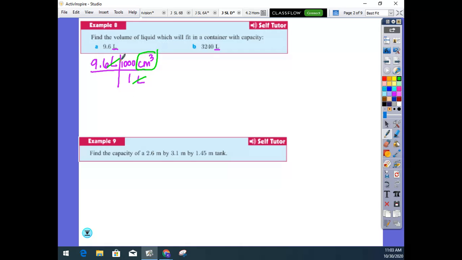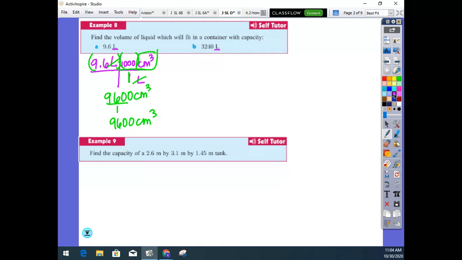You're always just going to multiply the top. 9.6 times 1,000 is 9,600 cubic centimeters, technically divided by 1, so it's just 9,600 cubic centimeters. You multiply across and divide by the number on the bottom.